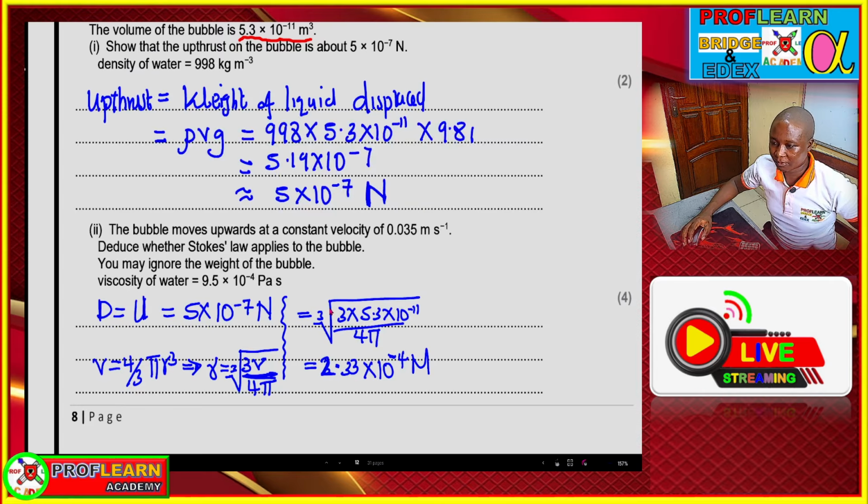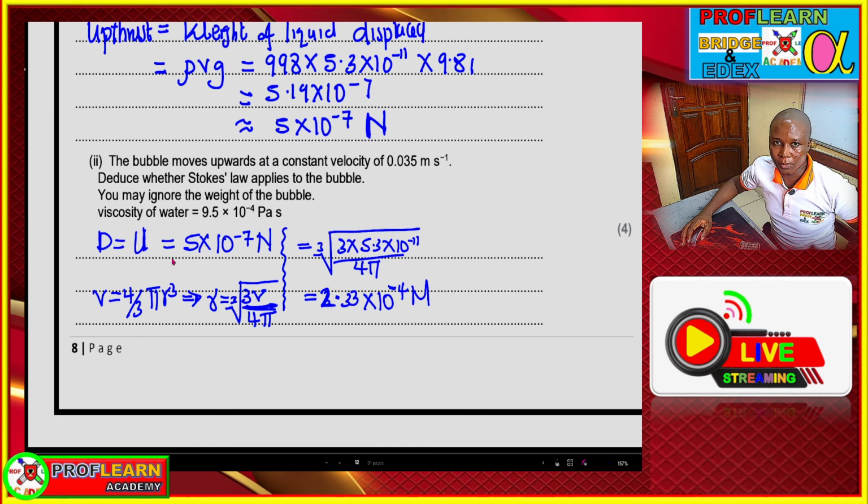So if you work it out, you're going to get your answer equivalent to 5 times 10 raised to the power negative 7 newtons. The bubble moves upwards at a constant velocity. Deduce whether Stokes law applies to this bubble, and we're going to ignore the weight of the bubble because it has a very small amount of weight. So we are going to assume it to be 0 for this particular calculation.